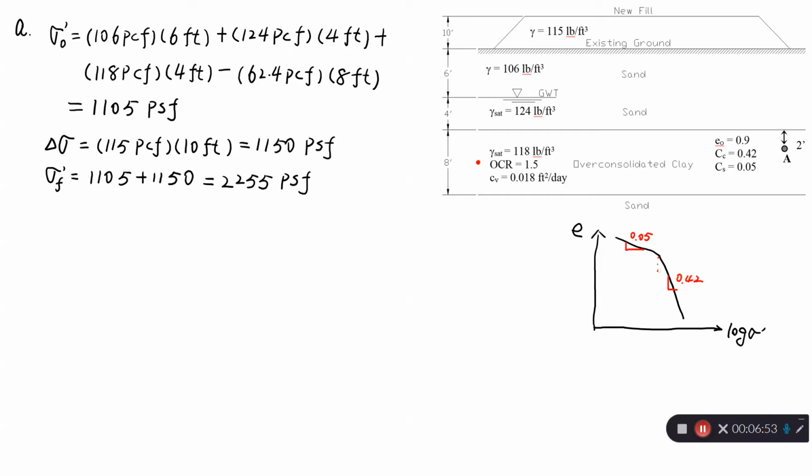Okay, and then we need the pre-consolidation stress, right? So we know OCR is given for us to find it. OCR is defined as the pre-consolidation stress to initial stress ratio, and it is equal to 1.5.